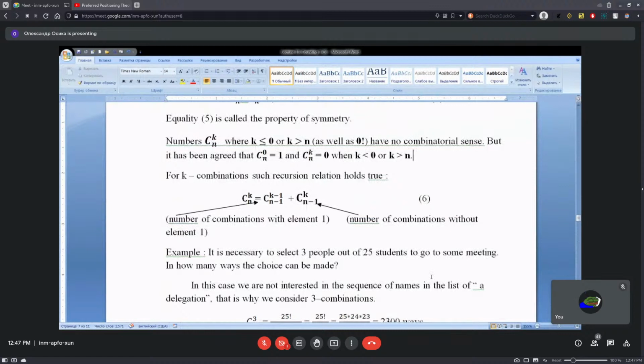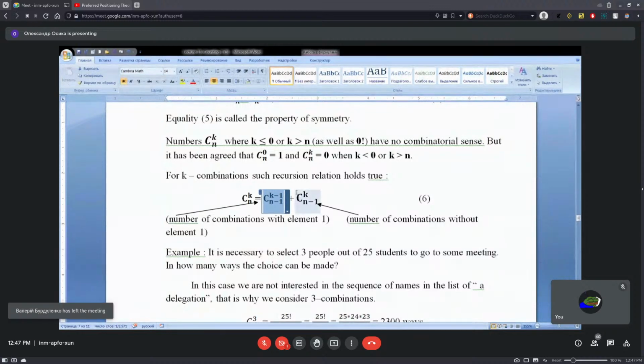And here I just explain that we can treat this as the number of combinations with element 1. That's why everywhere here 1 is present. So the job is to choose k minus 1 out of n minus 1 elements.